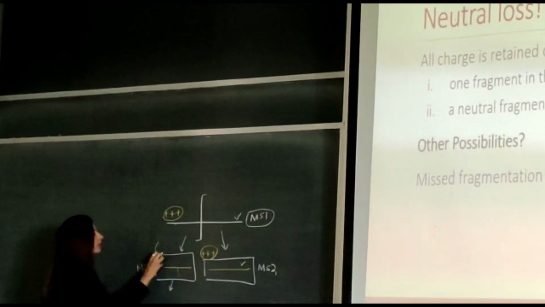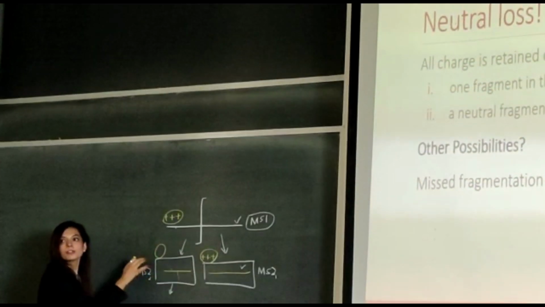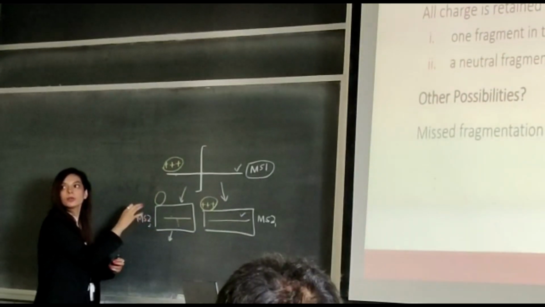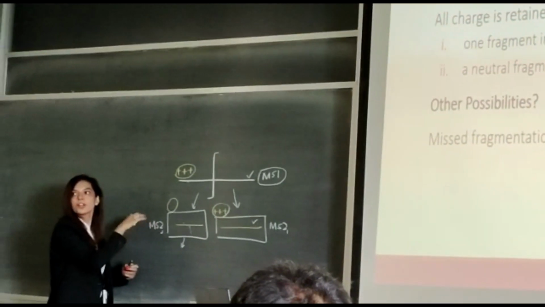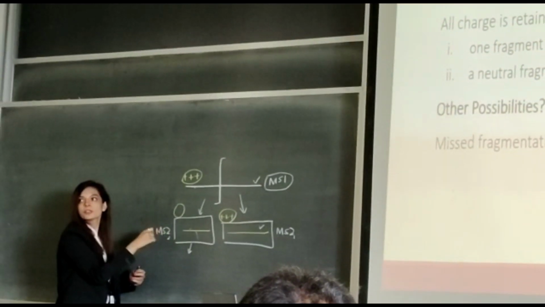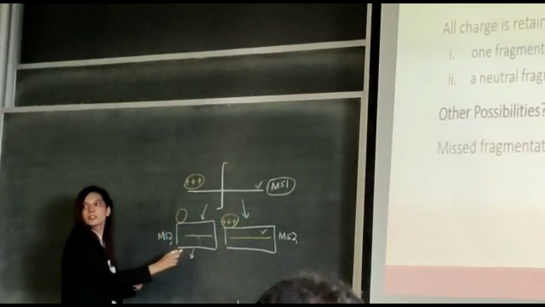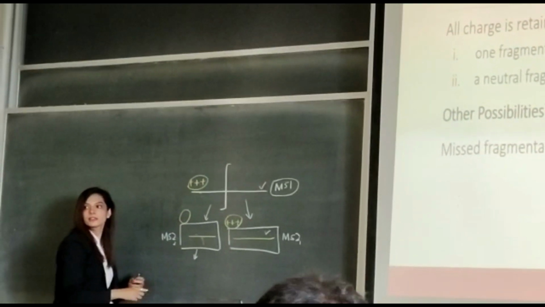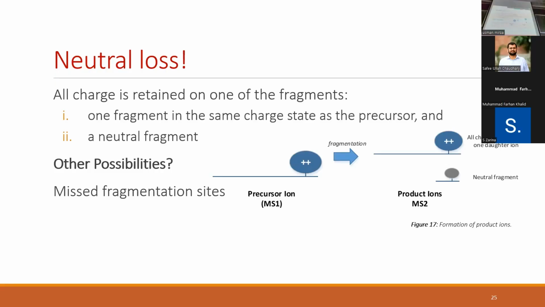Because the mass spectrometer only detects charged species. So if there is no charge, it would not get detected. But when you subtract, you get this neutral fragment, and then you validate in the data that yes, it is there.